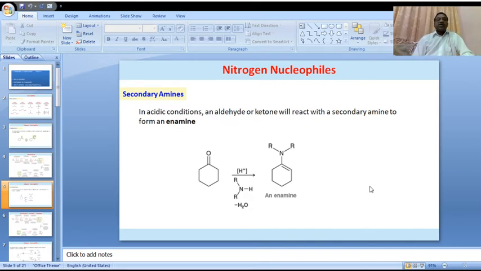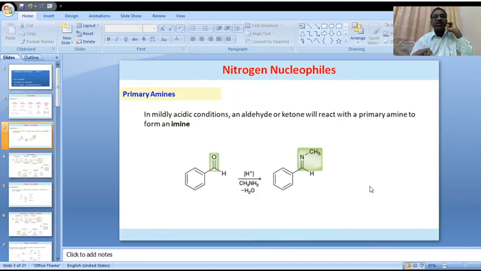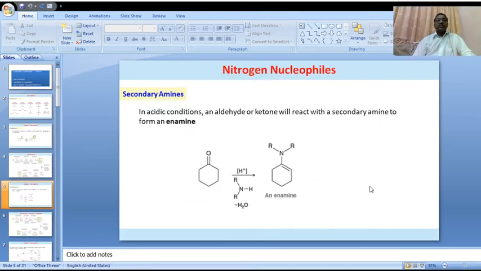Next, nitrogen containing nucleophiles, secondary amines. In the last reaction, we discussed the primary amines. Next, secondary amines. In acidic conditions, an aldehyde or ketone will react with a secondary amine to form an enamine, not imine, enamine, with a double bond on the adjacent carbon.